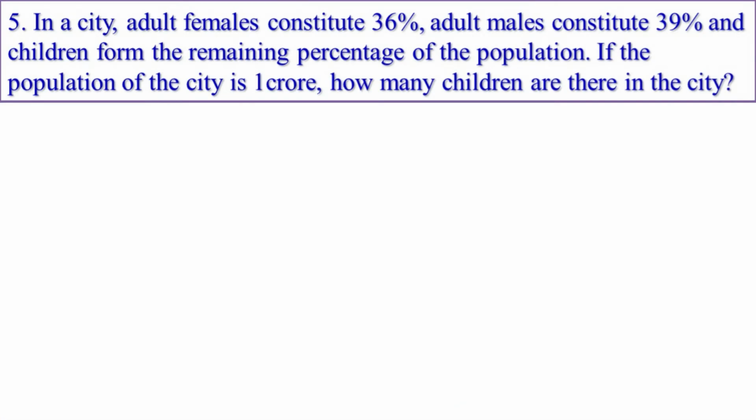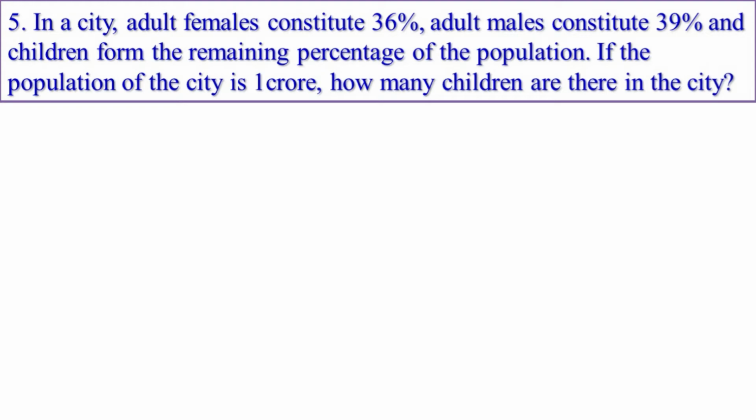In a city, adult females constitute 36%, adult males constitute 39%, and children form the remaining percentage of the population. If the population of the city is 1 crore, how many children are there in the city?